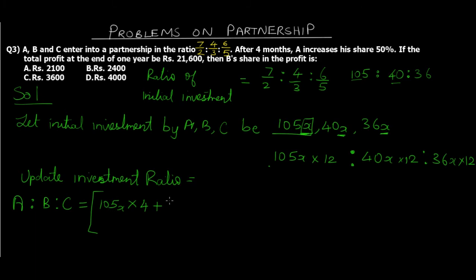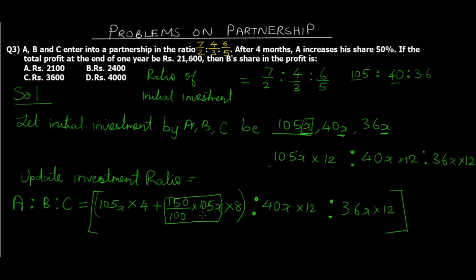So a 50% increase is 150 upon 100 times 105x, and the time duration now is going to be 8, because out of 12 months, for 4 months it is 105x, so 12 minus 4, which is 8. For 8 months, this new amount is being invested. So this is for A. For B it is going to be the same, which is 40x into 12, and for C it is going to be 36x into 12.